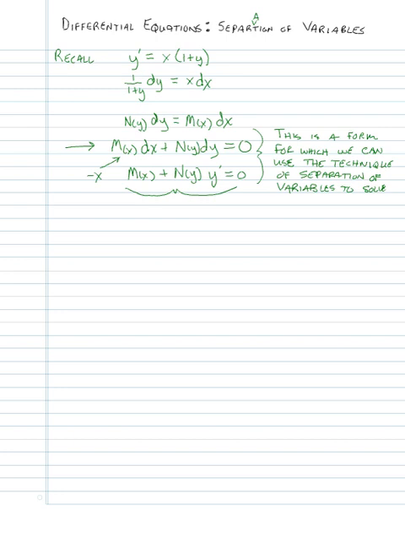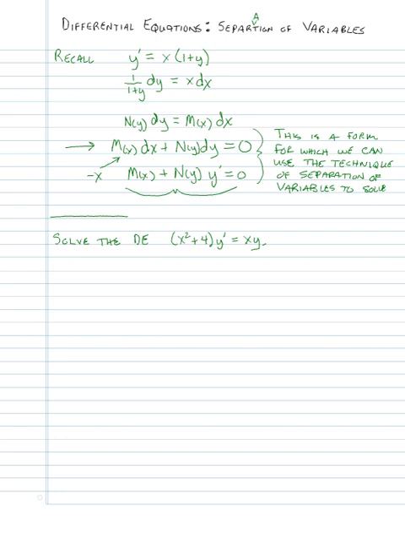So let's look at a particular example, and let me pause to write that example down. Okay, you can see here we're asked to solve the differential equation of the quantity x squared plus 4 times y prime equal xy. Now, it may not be clear by looking at this equation, but we can put it in one of the forms above, that is, we can actually separate the variables.